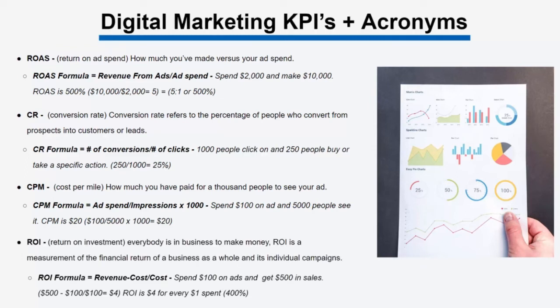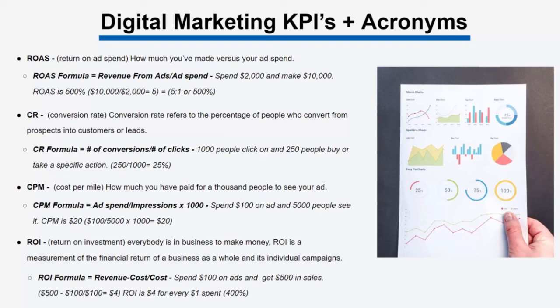And then we have ultimately here the return on investment. This is the most important here because all the other KPIs, as far as the conversion rate, CPM, CPC, CPA, all that comes into play in our final return on investment. So this is where we're measuring the total amount of return versus our initial investment. And so the ROI formula is total revenue minus cost, divided by cost.